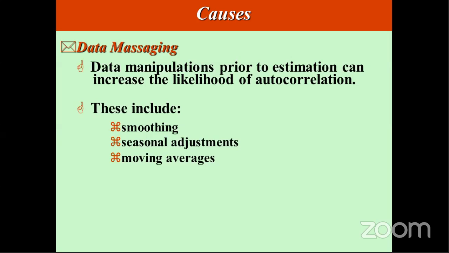If there are high fluctuations and variations in your data, we need to reduce and smoothen those variations, which are called smoothing techniques. If we use smoothing techniques, that creates the problem of autocorrelation.